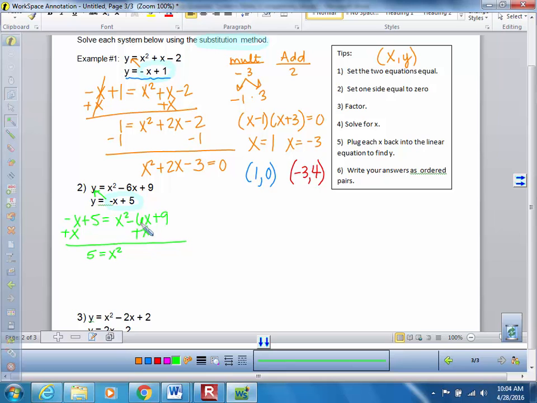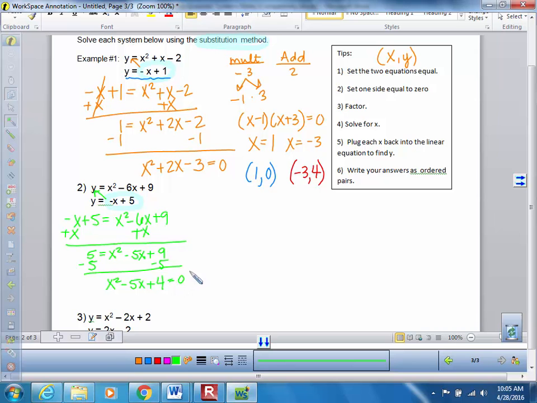Okay. So negative 6 plus 1 is a negative 5x plus 9. Okay. Then I want to move this 5 over. So to move the 5, I do the opposite and subtract since it's positive. And that's going to give me x squared minus 5x plus 4. And instead of putting equals 0 in the front, we're going to put it in the back.